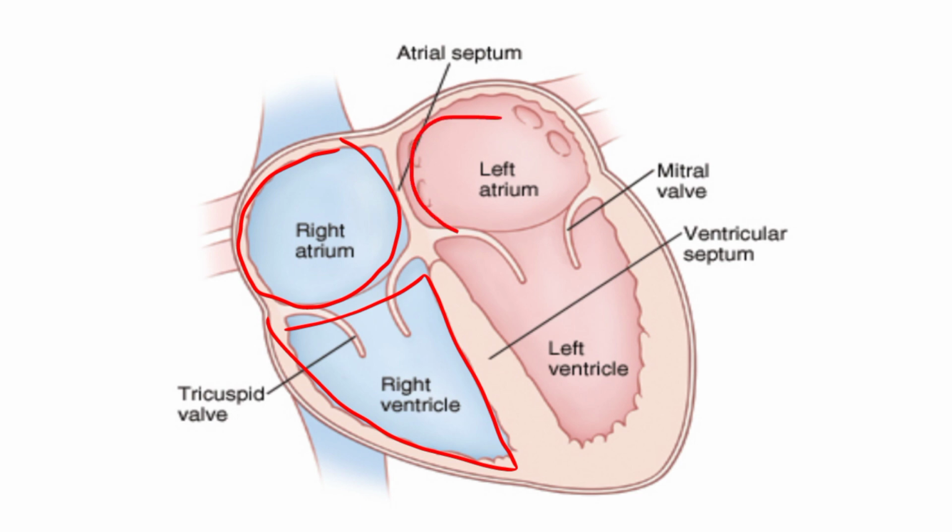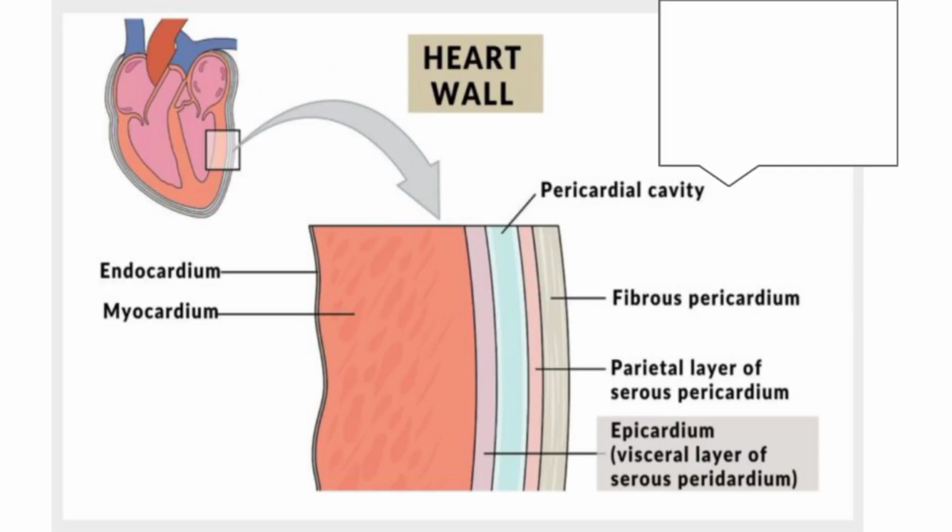Now, this is the left atrium, and this is the left ventricle. So the right atrium and right ventricle are on the right side of the heart, while the left atrium and the left ventricle are on the left side of the heart. It's as simple as that.